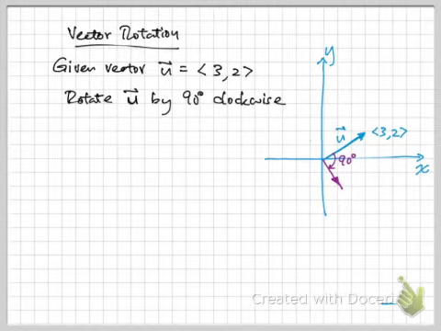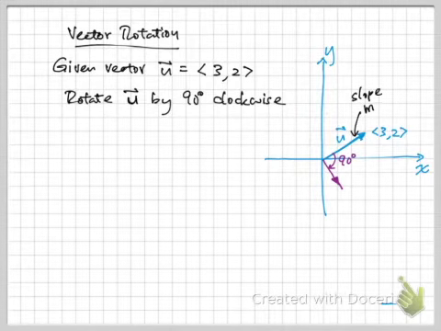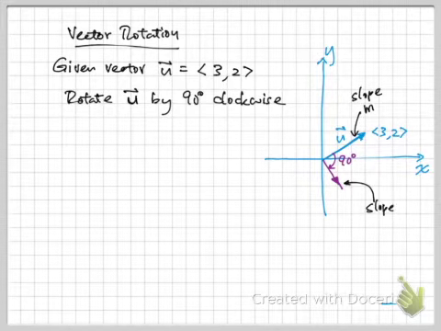I know in algebra that if this line has a slope of m, then a line that is perpendicular to it must have a slope of -1 over m, because the slope of 2 perpendicular lines multiplied together has to be equal to -1. And so I can take advantage of that fact, and I can calculate the slope of the original vector u by using its x and y components, right? The slope, in fact, is equal to change in y divided by change in x.